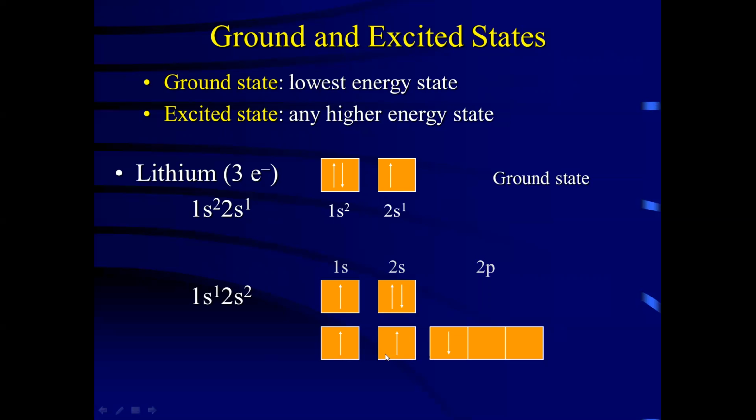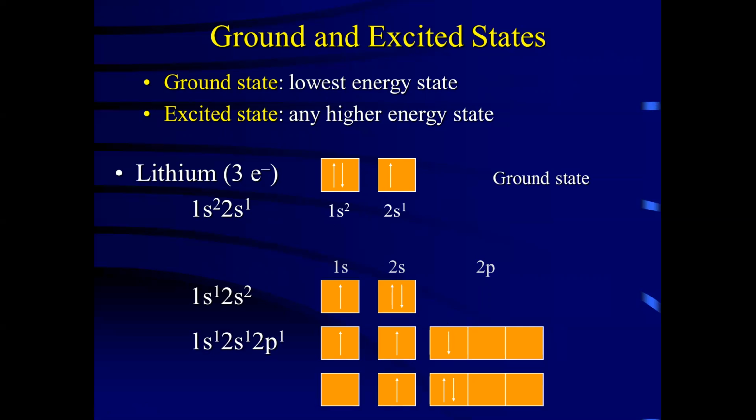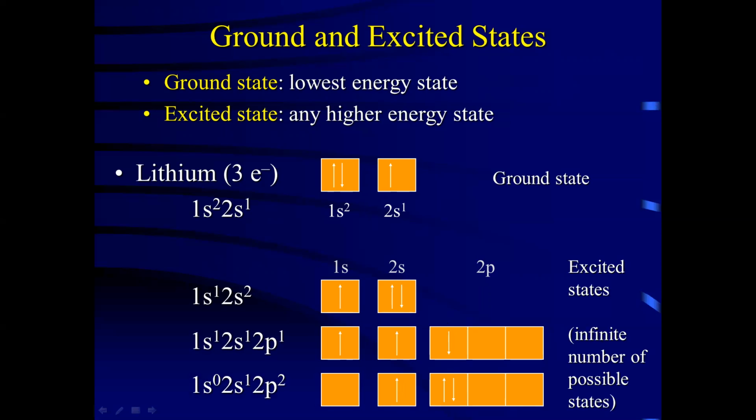Similarly, if you put the electrons into the 2p orbital like this, that also has higher energy compared with the 1s. Similar to here, if 3 electrons go to that higher energy orbital, they are all in an excited state, which means they all have higher energy.